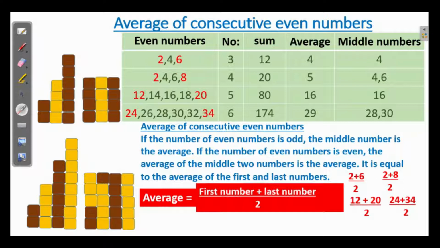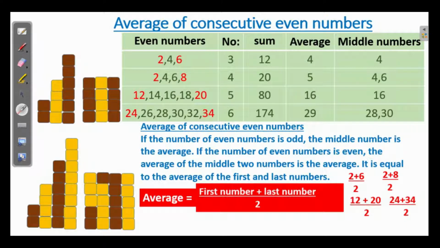Taking these 5 numbers starting from 12 also, consecutive even numbers, the middle number 16 is the average. And if the number of terms is even, here 4 numbers are there, then the average is the average of the middle two numbers, 4 and 6. 5 is the average.